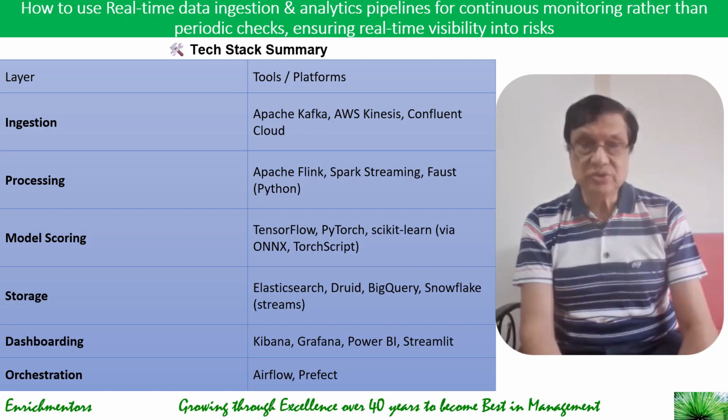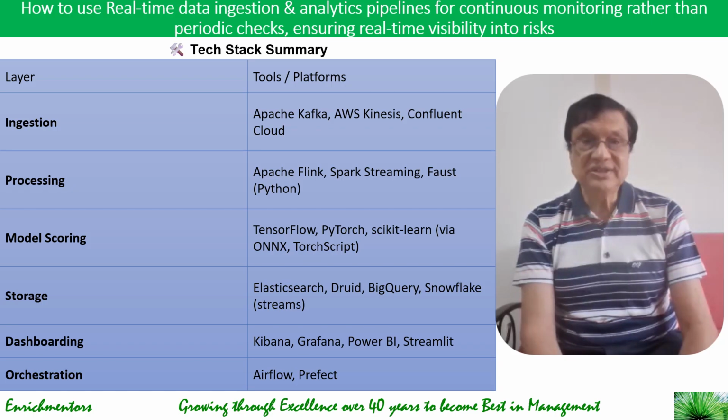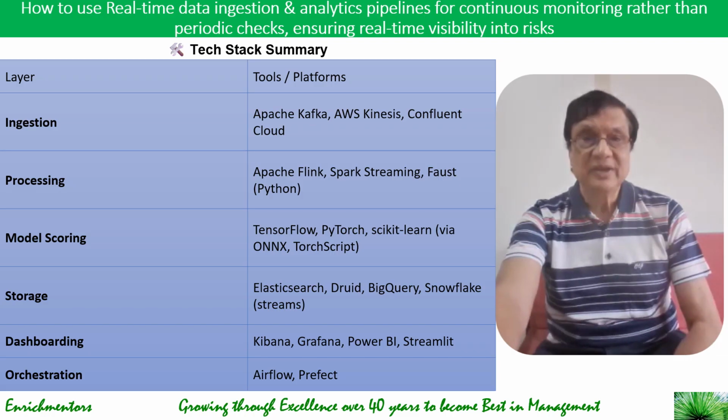For storage, you could use Elasticsearch, Druid, BigQuery, Snowflake streams. For dashboarding, the familiar Kibana, Grafana, Power BI, and Streamlit. And for orchestration, you could use Airflow and Prefect. So these are the various layers and tools and platforms in the tech stack for a real-time data ingestion and analytics pipeline.